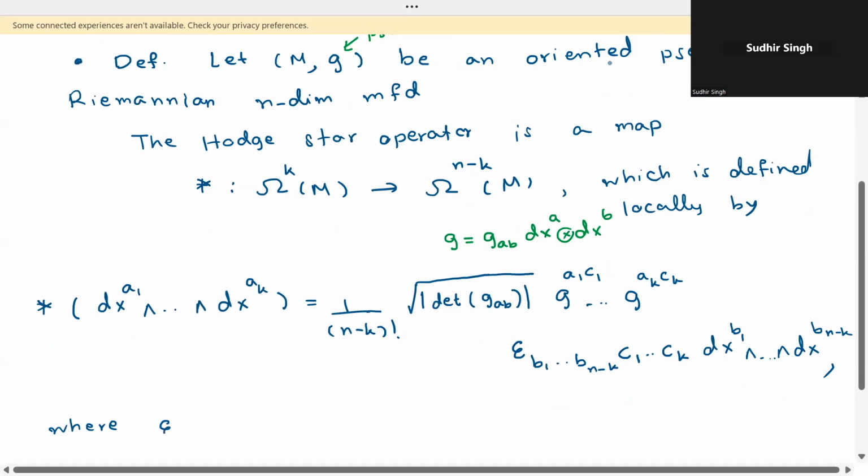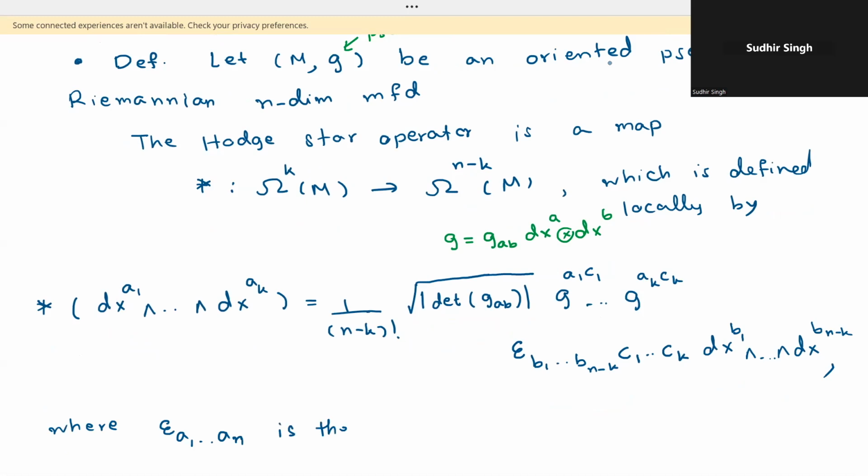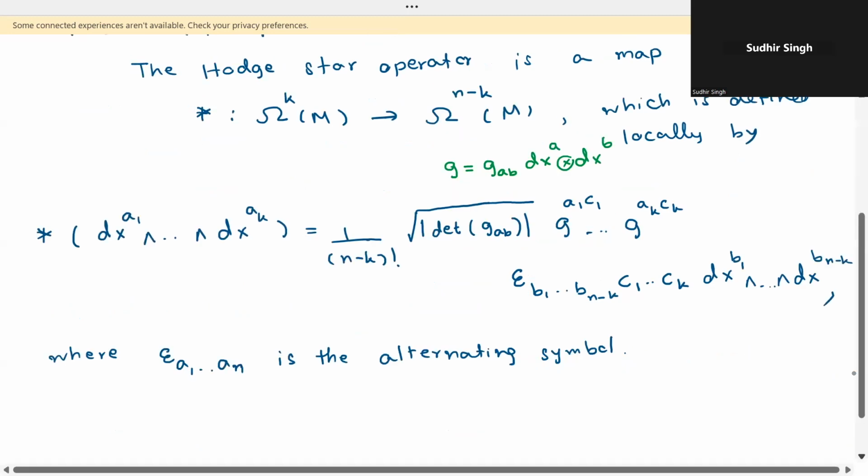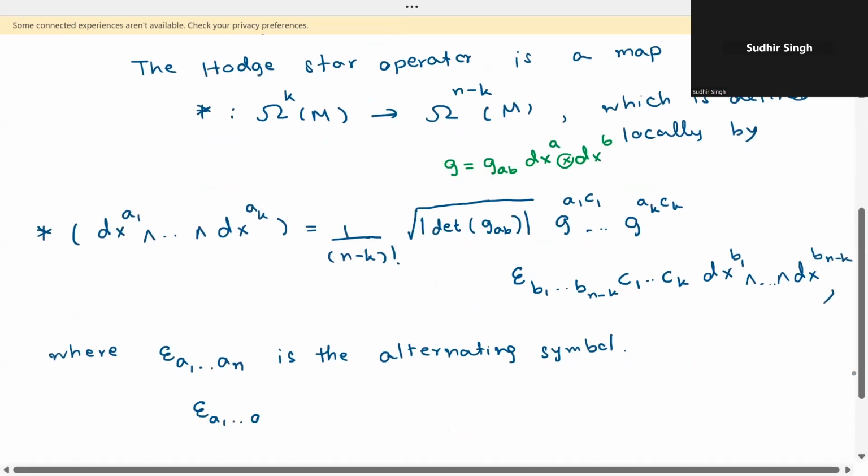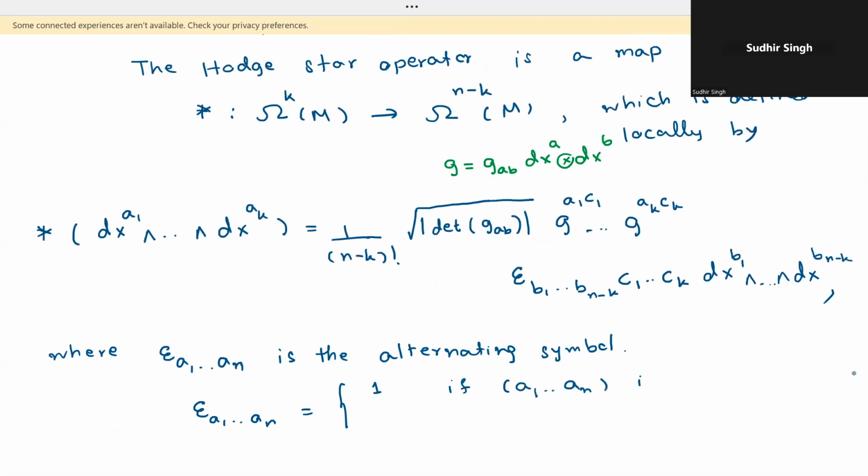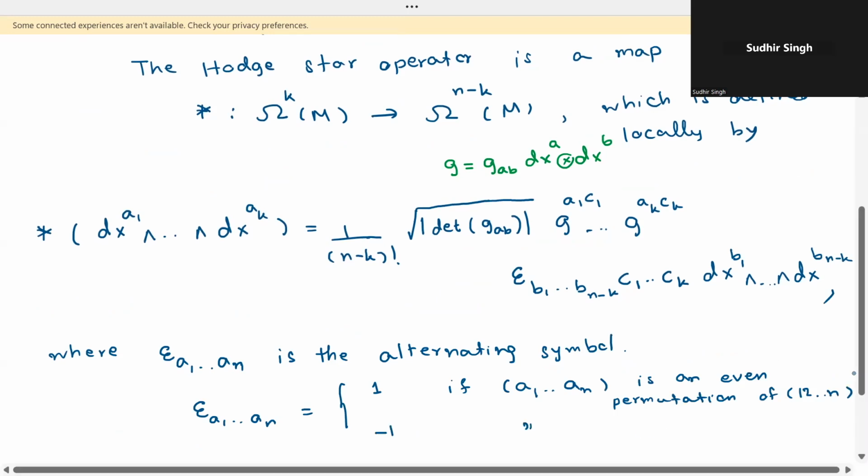The epsilon, a1 to an, is the alternating symbol, which is equal to 1 if the indices a1 to an are an even permutation of 1, 2, 3 to n, and minus 1 if it is an odd permutation.